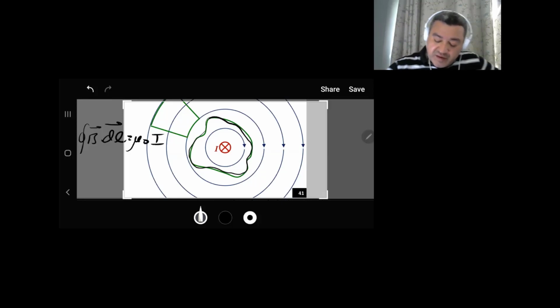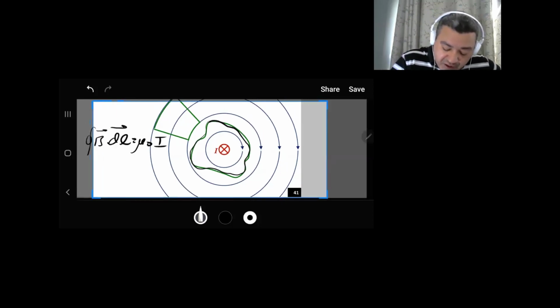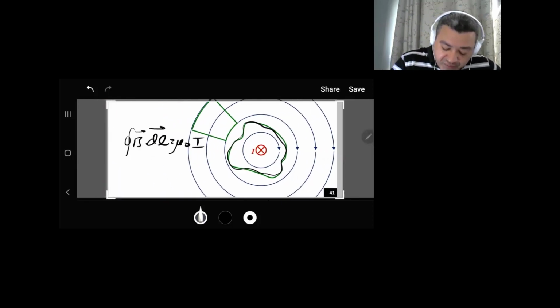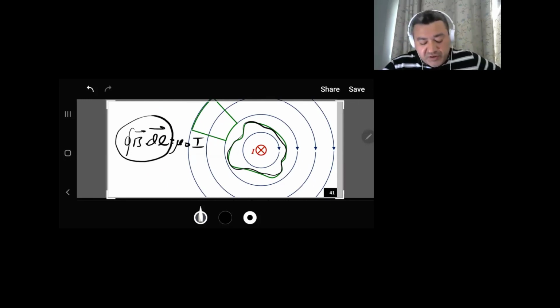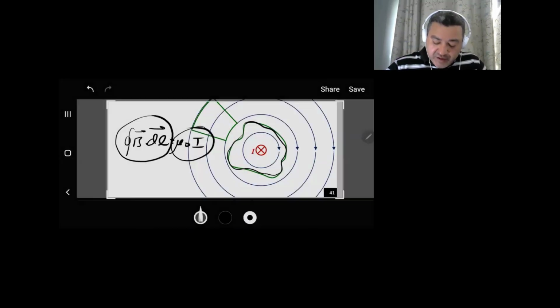So it's a very convenient way to calculate this part of my problem, as we will see later on, because as long as I take a closed path, then I can refer to the total current enclosed by this path, as we will see in the coming example.